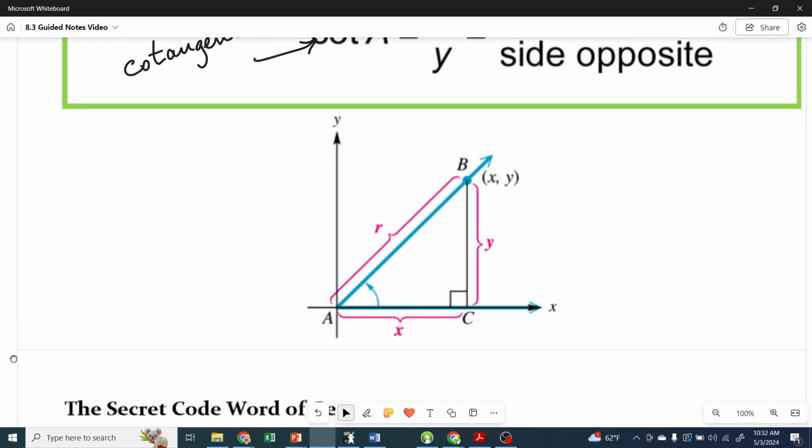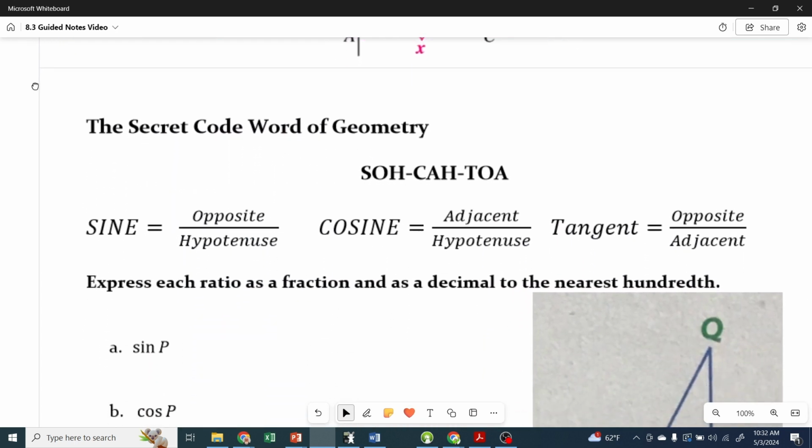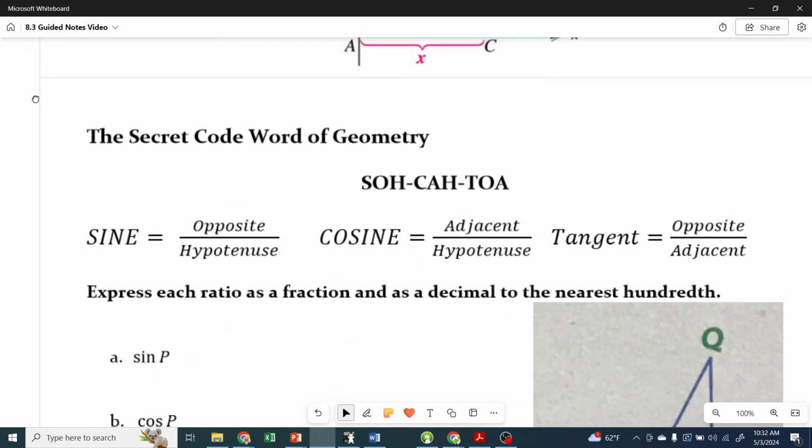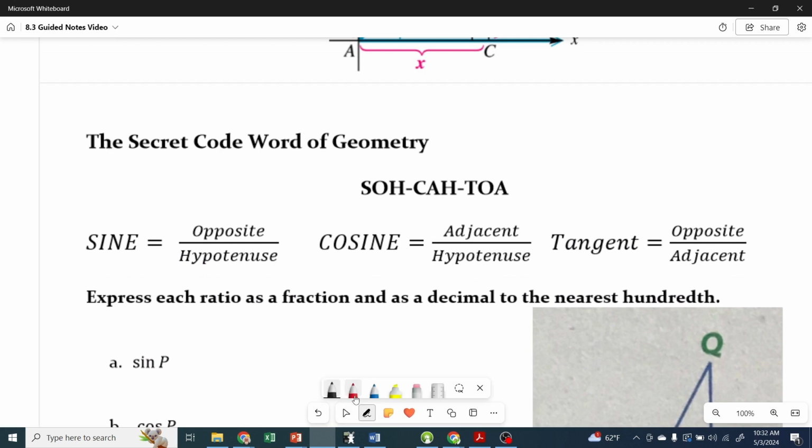So, the secret code word of geometry, and this actually should be of trigonometry, is SOHCAHTOA. So sine is opposite over hypotenuse, S-O-H.